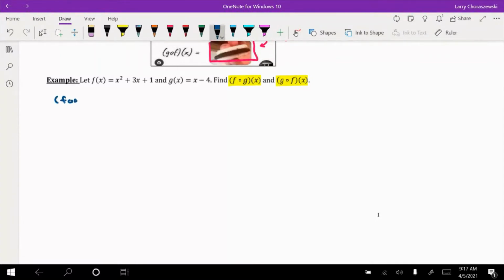So let's start with f of g of x. Recall that this is rewritten as f, and in the parentheses of f is g of x. Now, since we have specific expressions for these functions, I'd like to spell out just exactly what it is that we're plugging into the function f, and that would be the expression x minus 4.